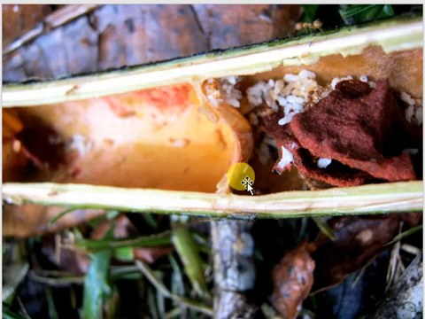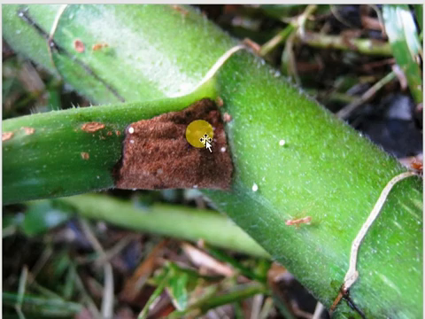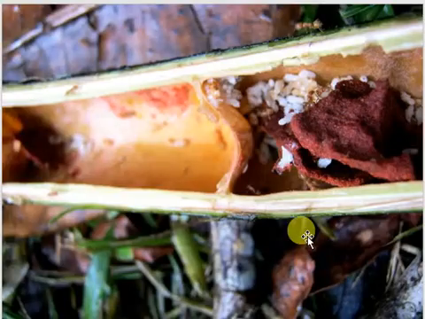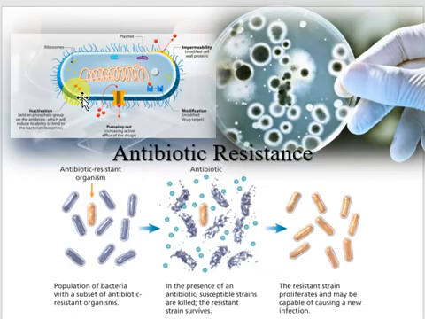But this is a neat example. These are the Mullerian bodies that the ants will eat. These are the little Azteca ants. Again, these are really interesting adaptations made by the plant to support these mutualistic relationships that have allowed for the survival of these myrmecophytic species for hundreds and hundreds of years.